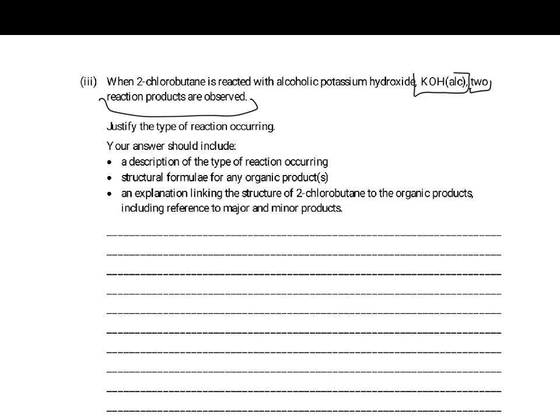And what you need to recognize is that when you have alcoholic potassium hydroxide, it's an elimination reaction. As soon as you see alcoholic or concentrated, it's elimination. So, type of reaction is elimination, and that is the removal of the Cl and the adjacent hydrogen, so a hydrogen from the carbon next door, and you create a double bond in its place.